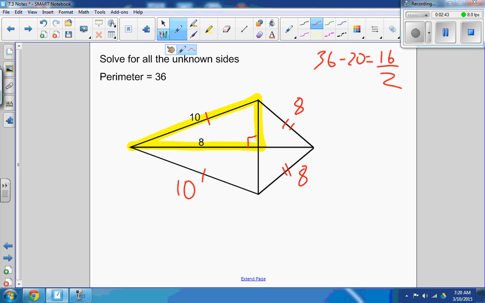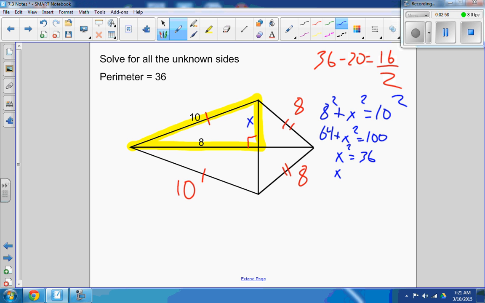We can use the Pythagorean theorem. 8 squared plus x squared equals 10 squared. So that's 64 plus x squared equals 100. So x squared is 36. Square root of 36 we know is 6. So that side's 6.